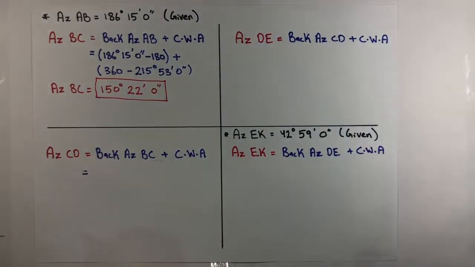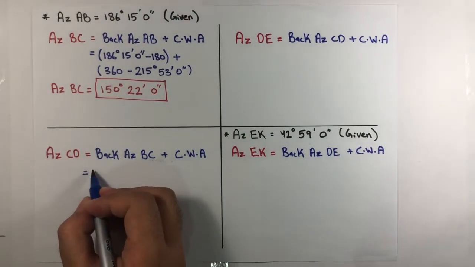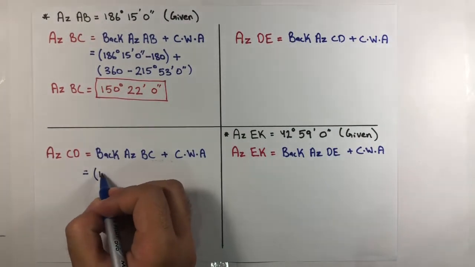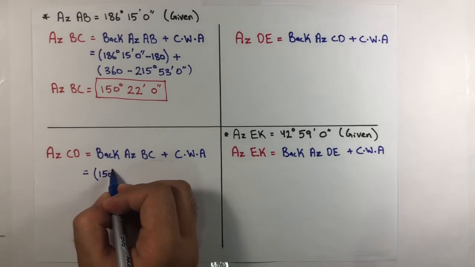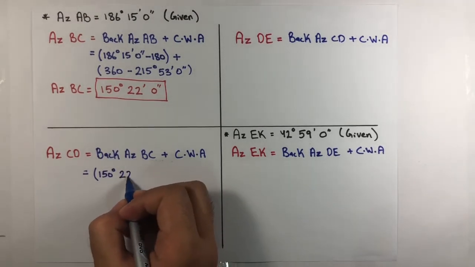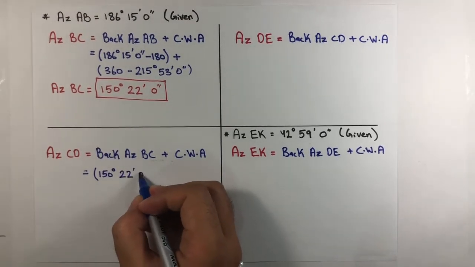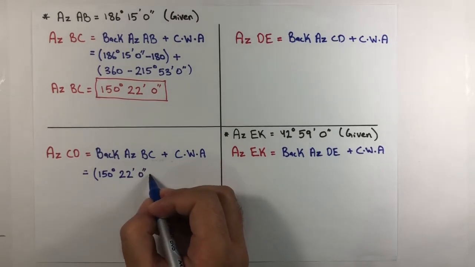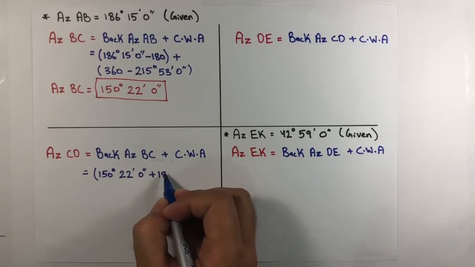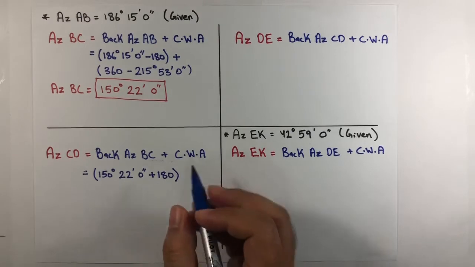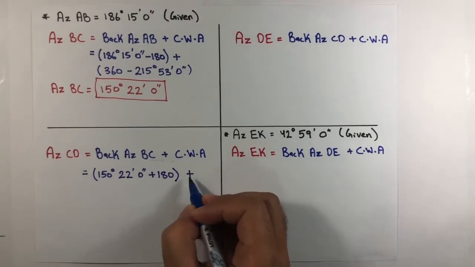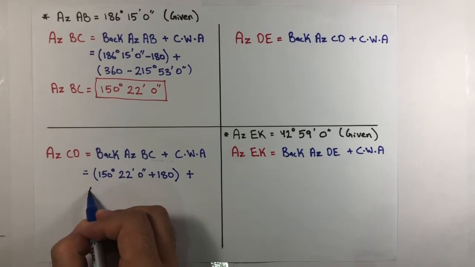Now let's go to azimuth of CD. Azimuth of CD is equal to back azimuth of BC. So azimuth of BC is 150 degrees 22 minutes and 0 second. It is smaller than 180 degrees, so we'll add here 180 degrees instead of subtracting, plus the clockwise angle.